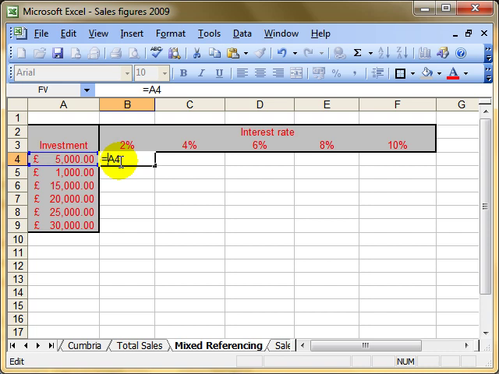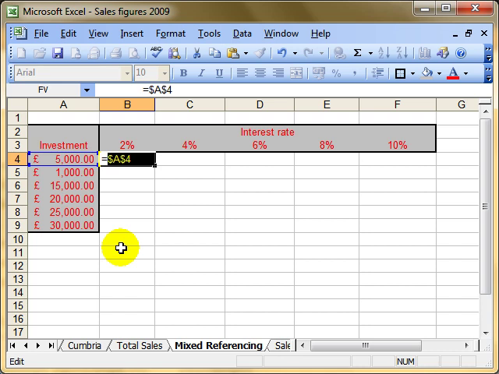Now, remember that key I told you about, F4? Well, if you press that again, it changes it to absolute, as I already mentioned. But pressing it again changes it to a mixed cell reference. A$4, press again, $A4, press again, back to a relative cell reference. So we can use that F4 key to toggle through the different types of cell referencing.